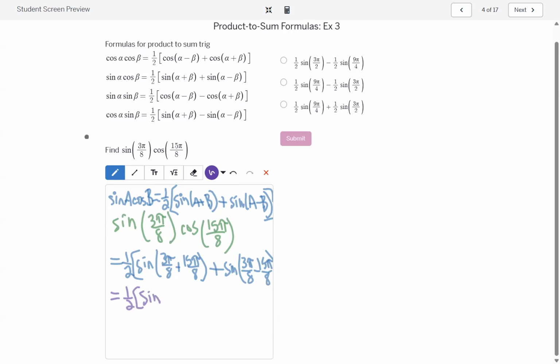So 3 plus 15 is 18 pi over 8, which will reduce, but we'll do that in a second. 3 minus 15 is negative 12 pi over 8.